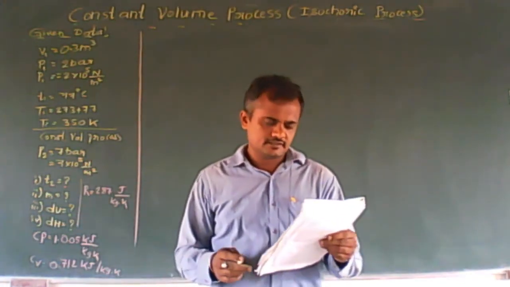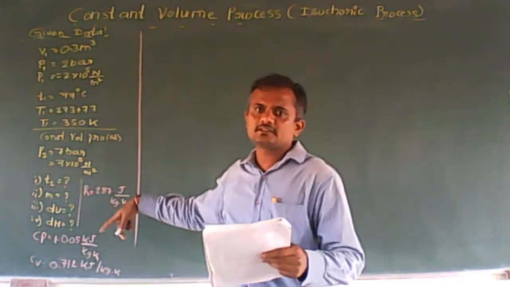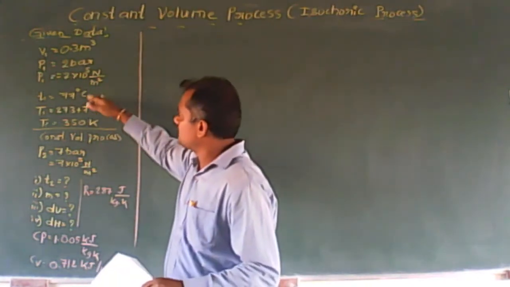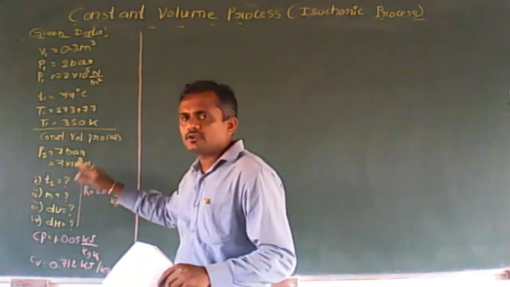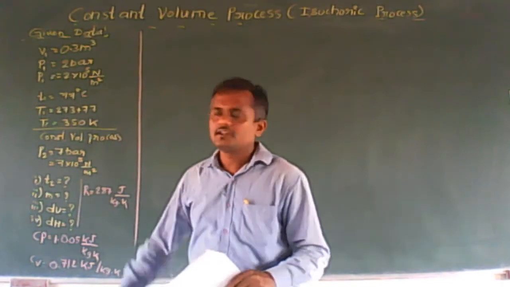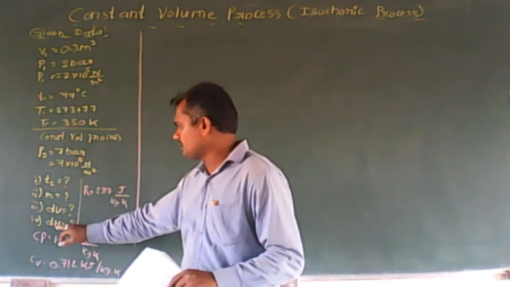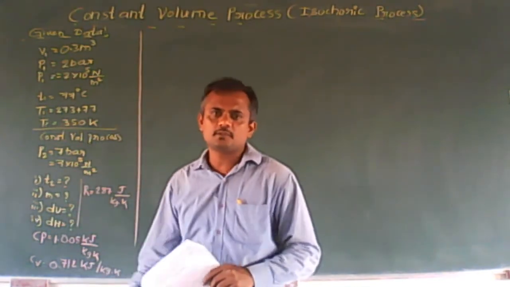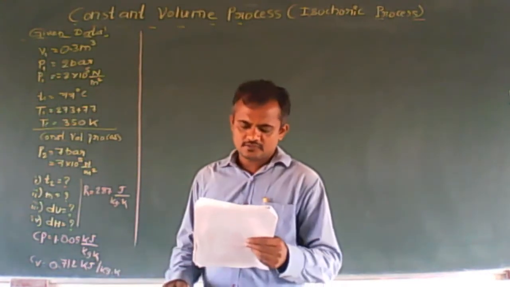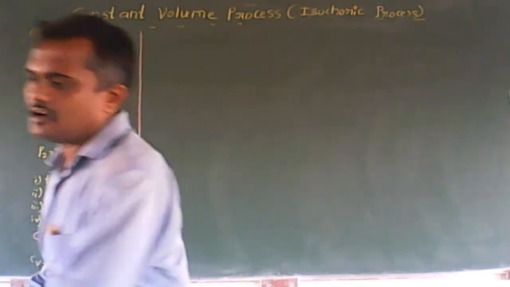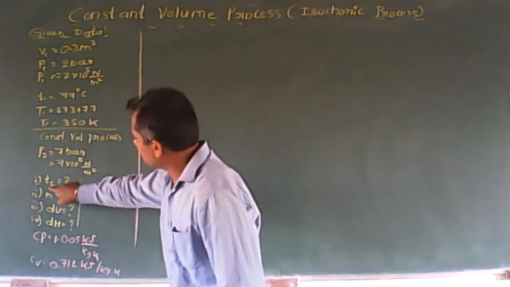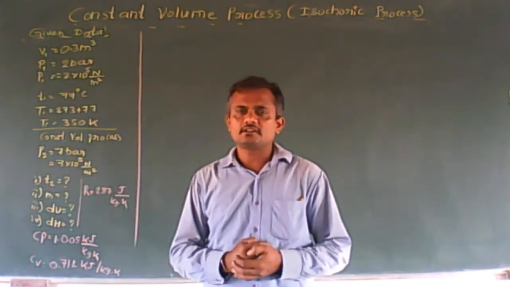Dear students, with the help of these parameters, V1, P1, T1, P2 is given, T2 and the mass we have to calculate, and internal energy and enthalpy is required with the help of Cp, Cv and R. So first we shall discuss targeting this T2.